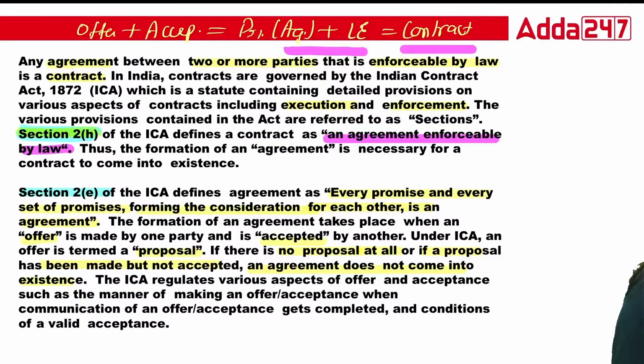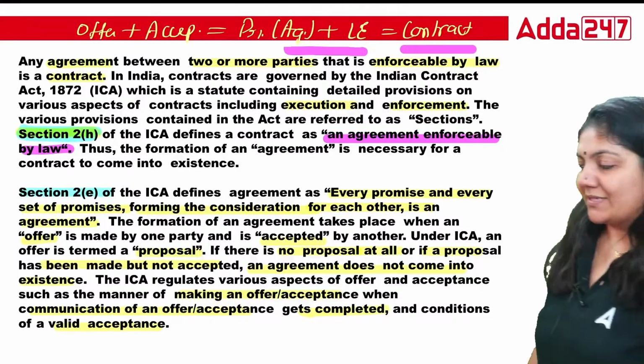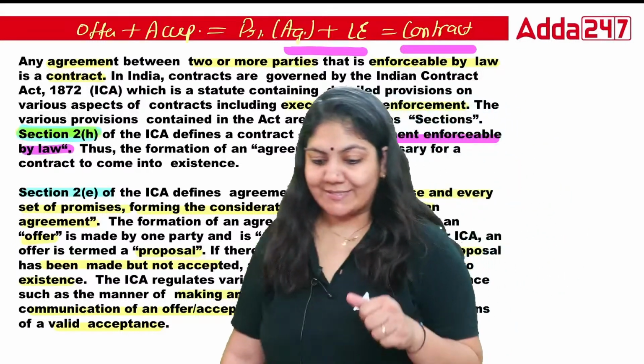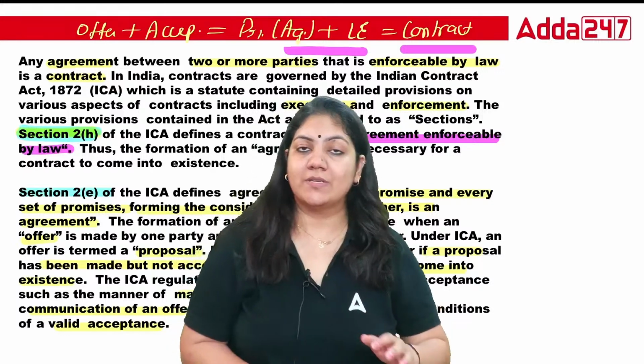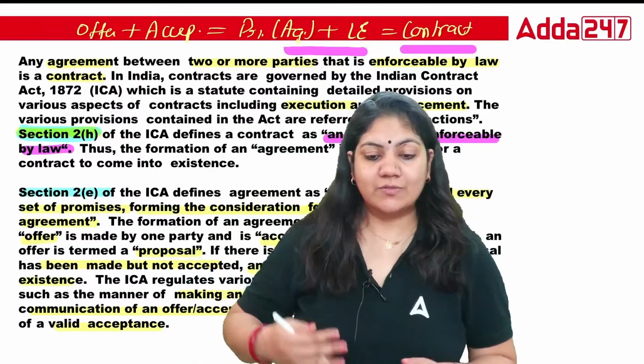The Indian Contract Act regulates the various aspects of offer and acceptance, such as the manner of making an offer and acceptance, and when communication of offer and acceptance is completed, it is called valid acceptance. Suppose Nikkita Ma'am is offering you something and you accept, so this is called an offer accepted, then it becomes an agreement. When the law enforces the agreement, it is equal to contract.